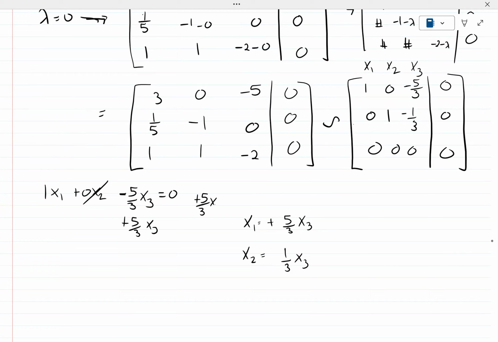And then this row is 0x1 plus 1x2 minus 1/3 x3 equals 0. And then when you solve for x2, this cancels, and you're going to get x2 equals, so I have to add 1/3 x3.